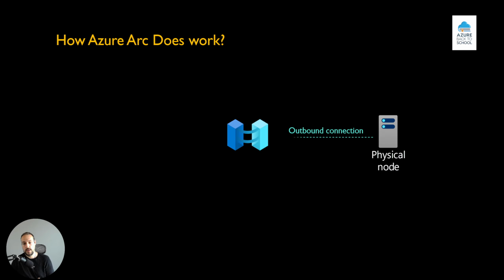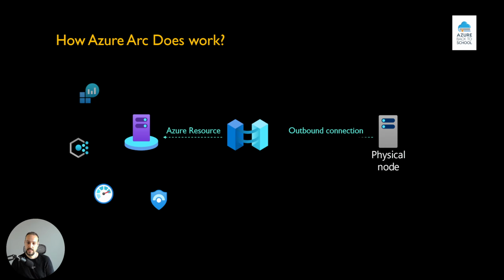Once you connect your resources to Azure Arc, they appear as Azure resources in your subscription. You can assign them to resource groups or use tags, apply role-based access control, which is really great, and use Azure features like monitoring, Cloud Defender, or policies.